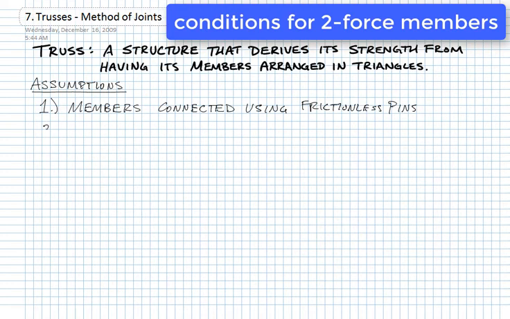The second assumption we're going to make here is that each member is going to be connected only at two points.